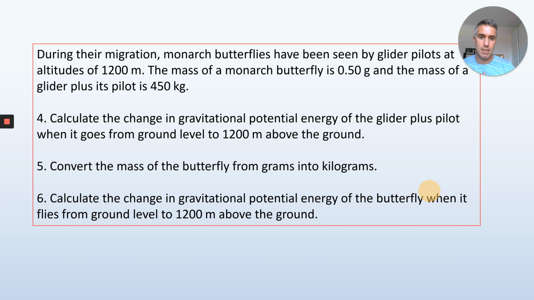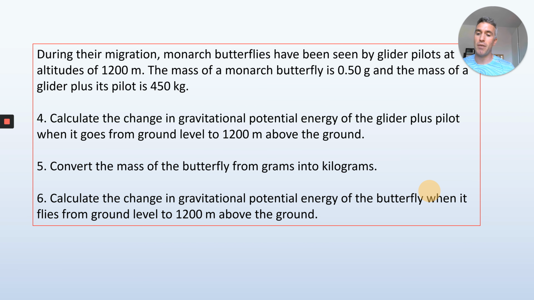And now it is time for you to do some more questions. During their migration, monarch butterflies have been seen by glider pilots at altitudes of 1,200 meters. The mass of a monarch butterfly is 0.50 grams, and the mass of a glider plus its pilot is 450 kilograms.